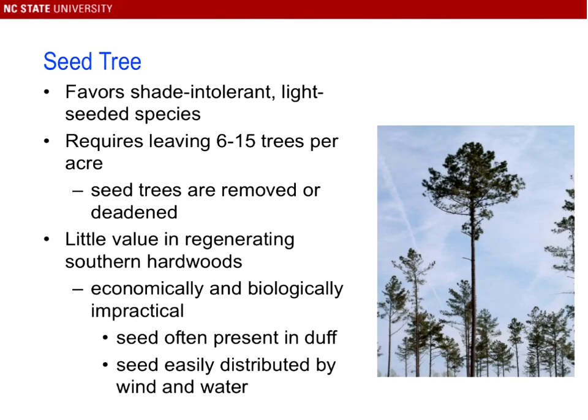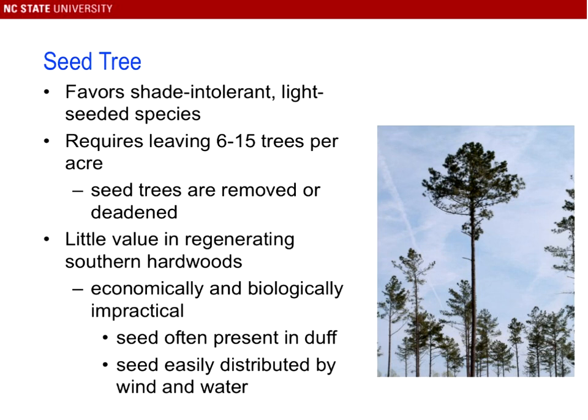For seed trees, seed tree reproduction tends to favor shade-intolerant, light-seeded species, because you need tree species where the seed will blow for some distance, because you're not leaving as many seed trees as you would for shelterwood. It requires leaving 6 to 15 trees per acre.